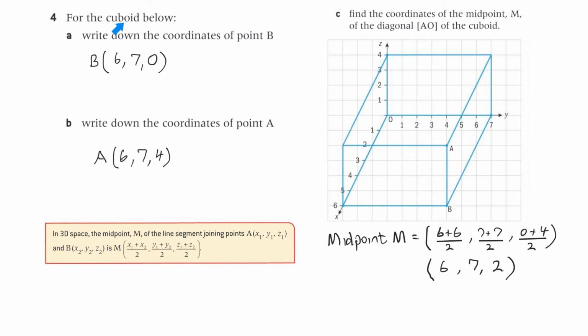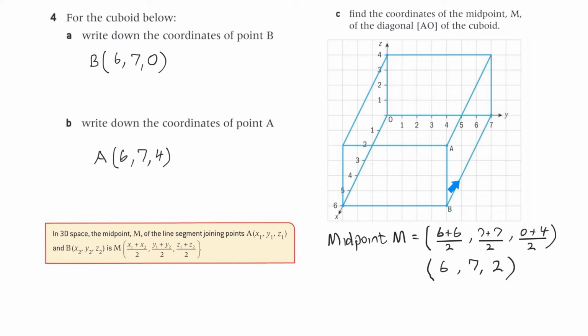Question 4, for the cuboid below, that's this one over here, write down the coordinates of point B. So point B is on this side, it's basically the bottom of the box. And as we can see, the x value is this one, so that's 6. And the y value is this one, because this is parallel to the x-axis.